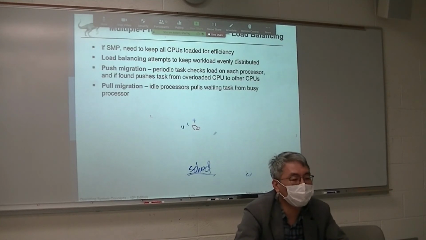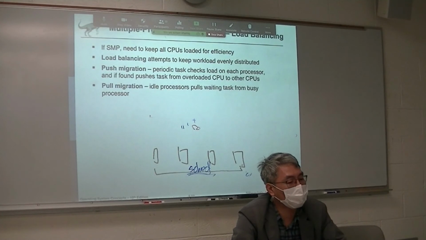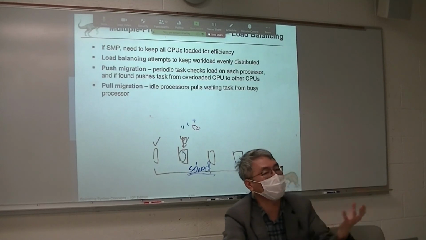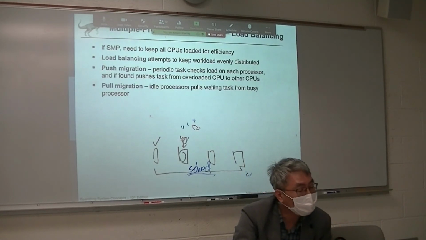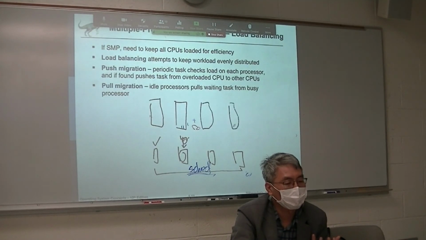When you have multiple processors, let's say this is the CPU or the core, there are two types of migration. This one is busy and this one is not busy; it is idle, 100% versus 0% usage, so this one can take threads or processes. But if each CPU or core has its own queue, there's nothing.